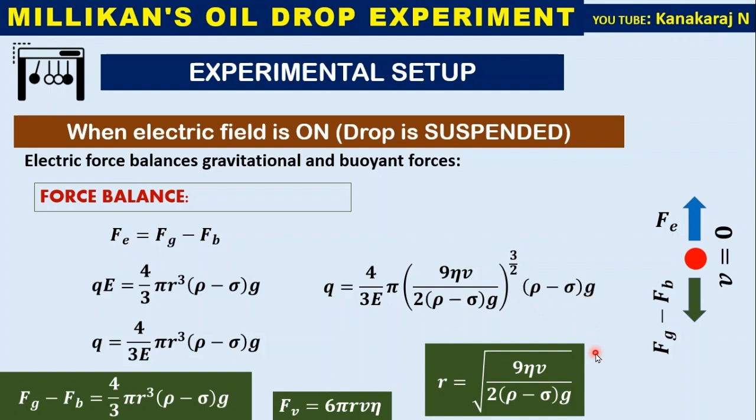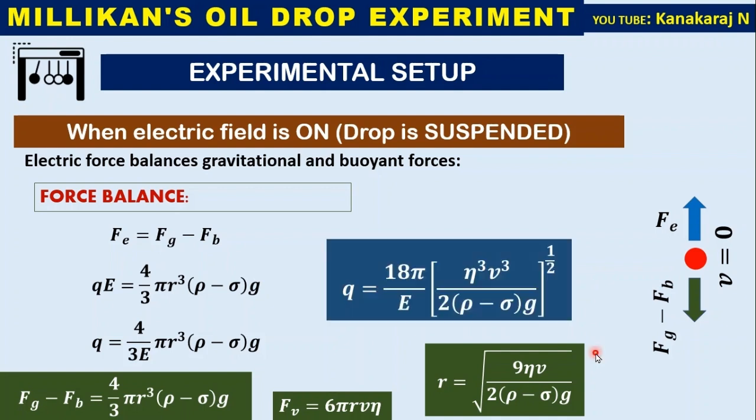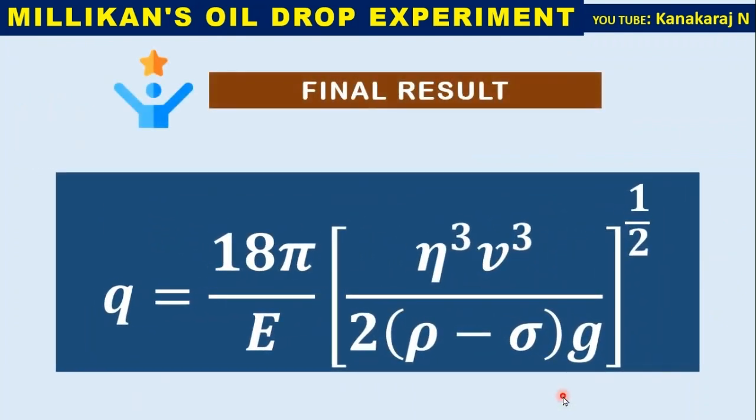When we simplify this formula, we get Q equals 18 pi divided by E times the square root of eta cubed v cubed divided by 2 (rho minus sigma) g. So the final result is Q equals 18 pi divided by E times the square root of eta cubed v cubed divided by 2 (rho minus sigma) g.